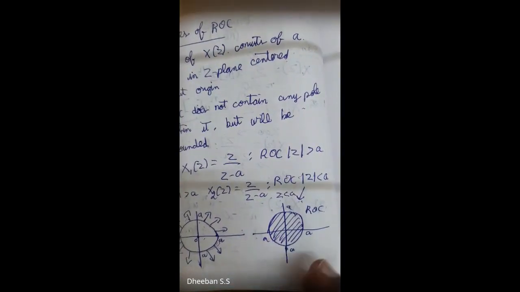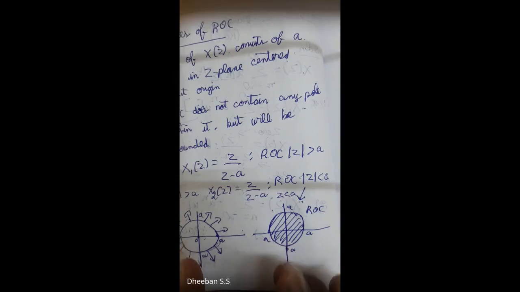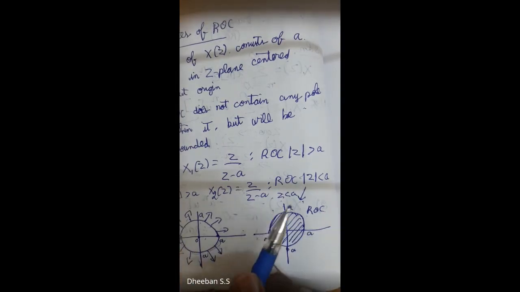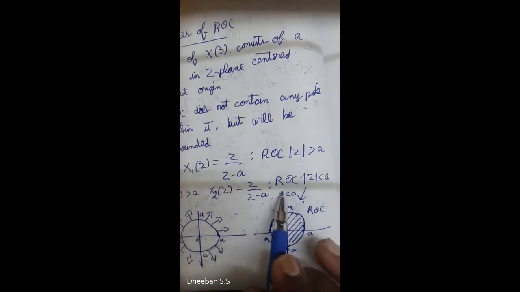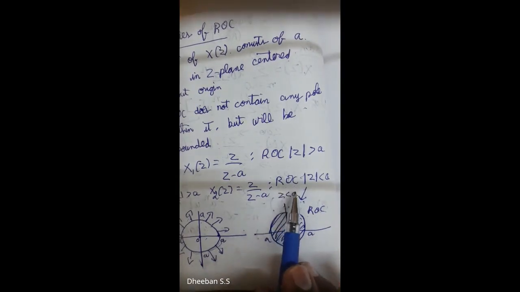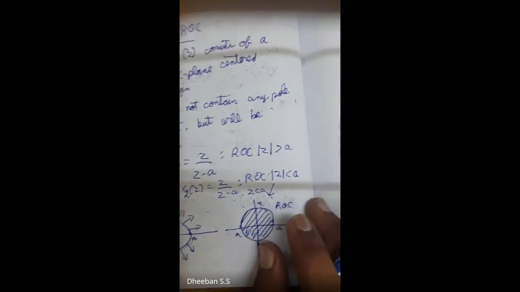You can see the difference: the value is the same, but the region of convergence differs. I'll explain this second region of convergence clearly in the next class. So we have seen two properties of ROC.